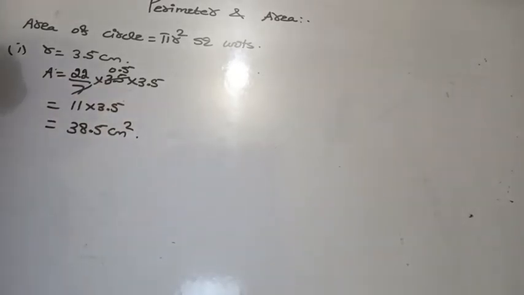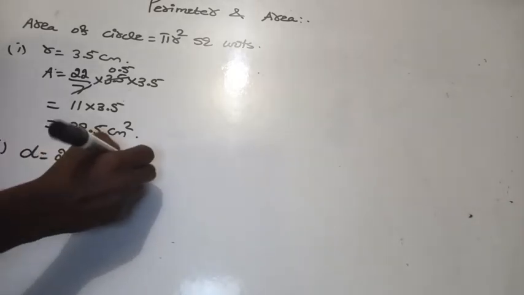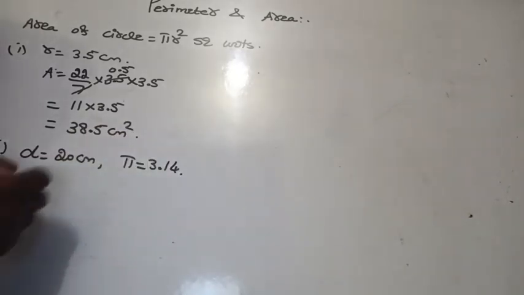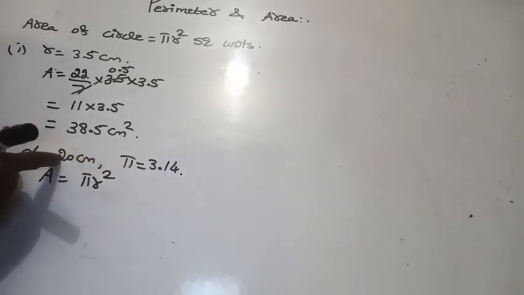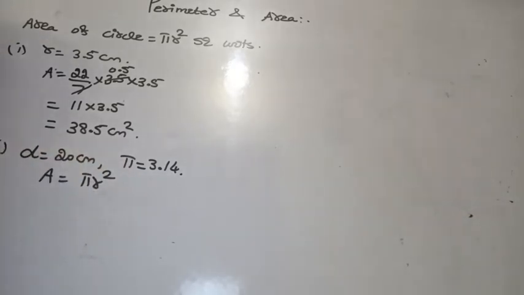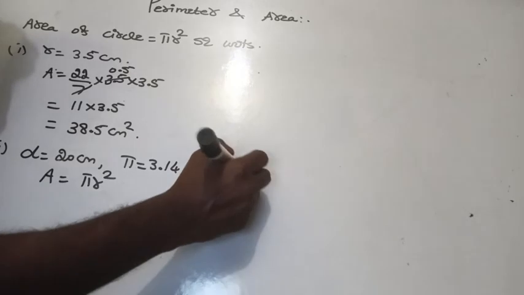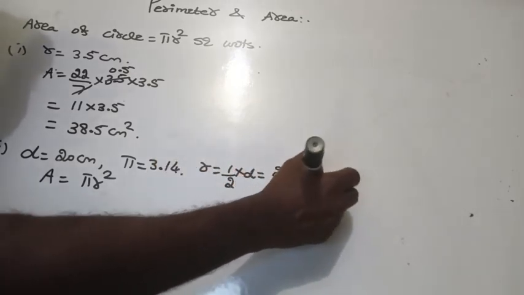Am I right here? Now, suppose the diameter of the circle is given as 20 centimeter. Use the value of pi as 3.14. Find the area of the circle. Area of the circle is nothing but pi r square. Here the diameter is given, so we don't know the radius, but we can find it. The radius is half of the diameter, half of d. That means 20/2, which is equal to 10 centimeter.